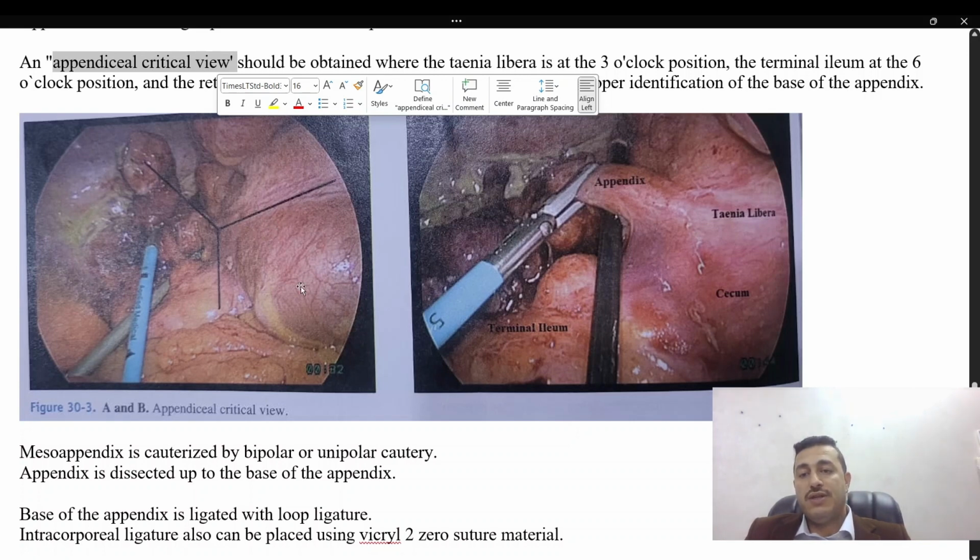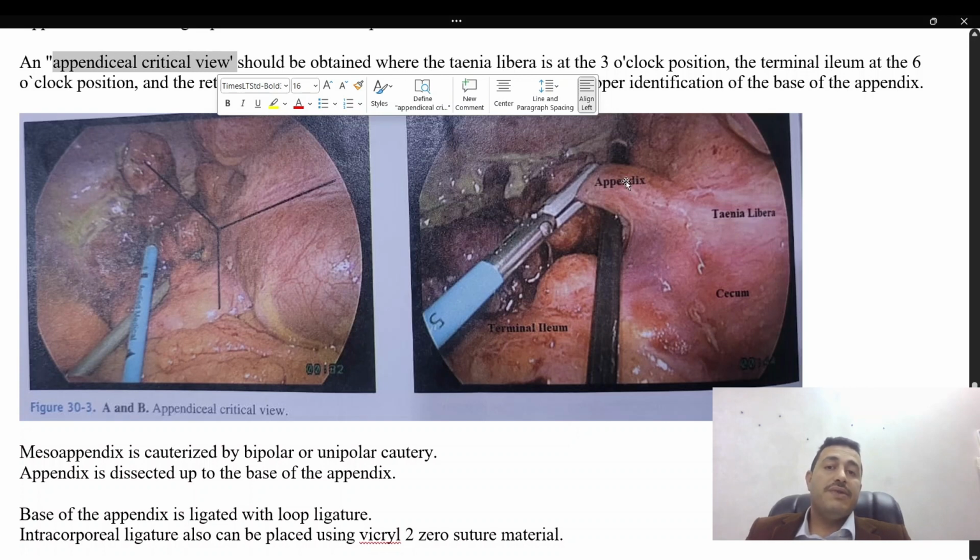If you imagine this as a clock, we have at 3 o'clock the tinea coli. This is called the tinea libera, the large tinea of the cecum. We have at 6 o'clock the ileum. Here you can see the tinea libera at 3 o'clock, and the cecum at 6 o'clock.